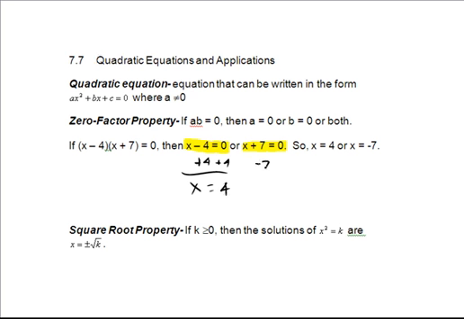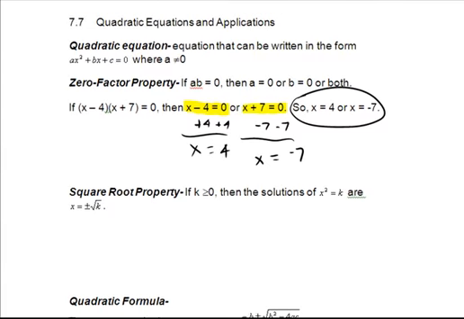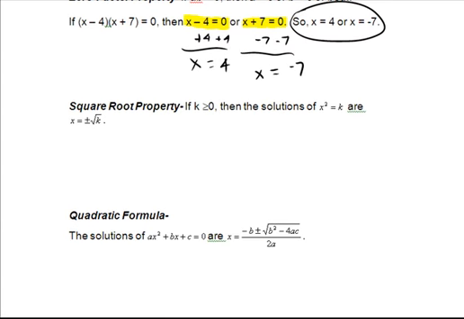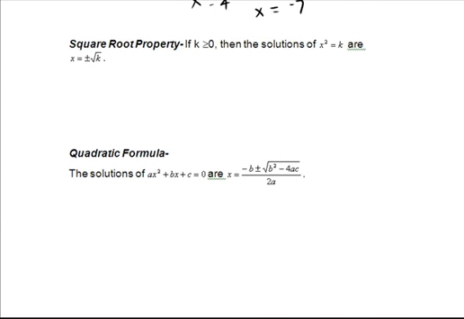If we subtract 7 from both sides of this equation, we get x is equal to -7. So that's how we end up with two solutions, either a +4 or a -7. So basically we're just looking to see what makes each factor equal to 0. This is one of my preferred methods for solving. If I can factor the quadratic and it's equal to 0, very often that's what I'll do.